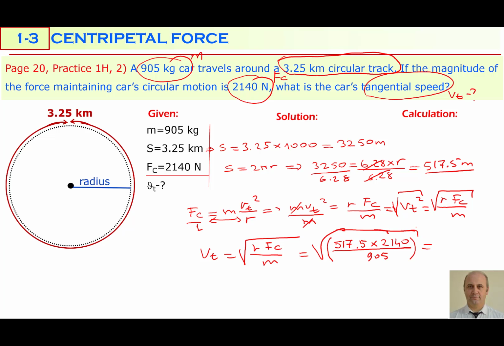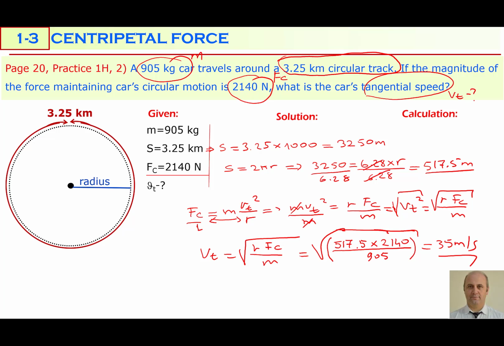Root of bracket 517.5 multiplied by 2,140 divided by 905. Close the bracket. It's equal to 35 meters per second. Yes, almost 35 meters per second. This is the tangential speed of the car while it's turning on this 3.25 kilometer circular track.